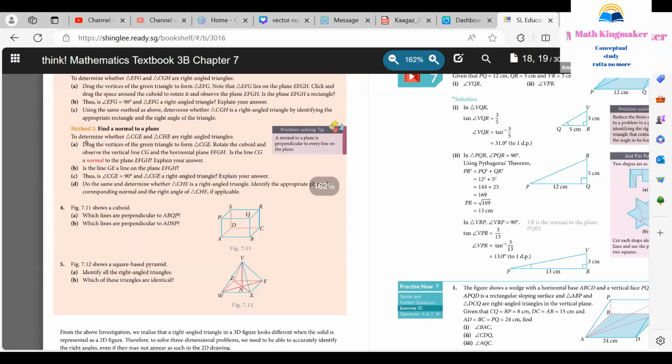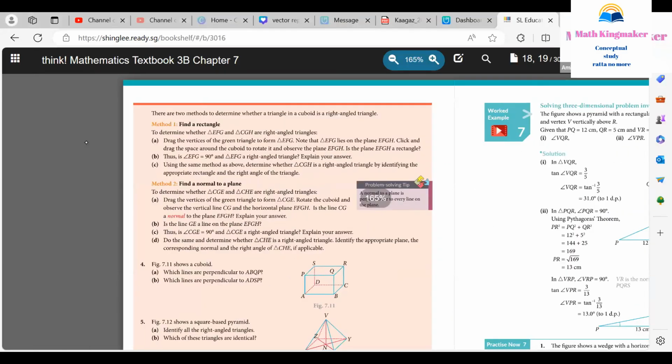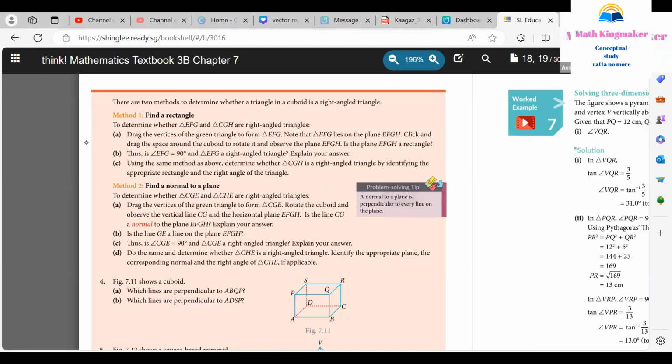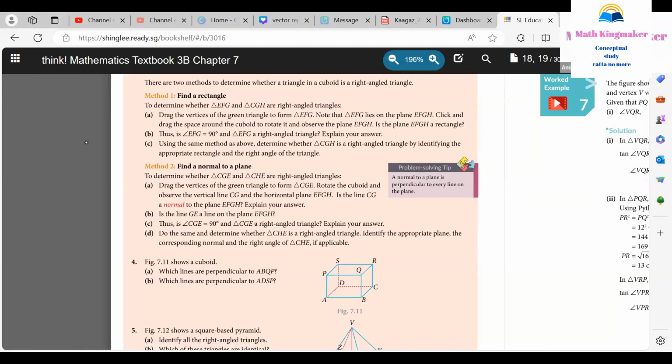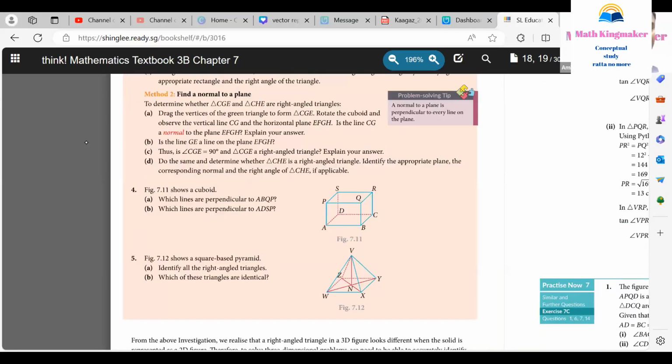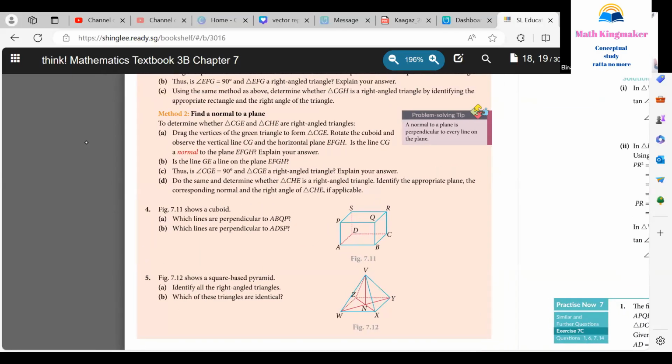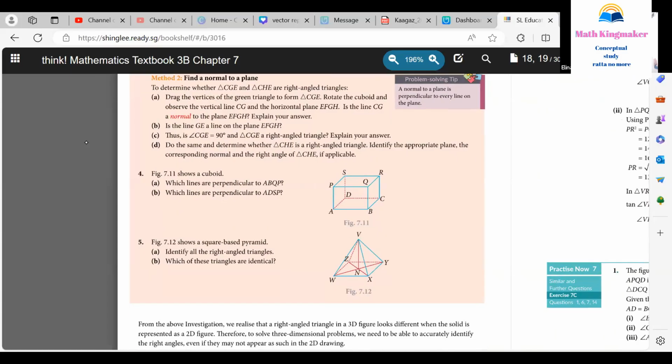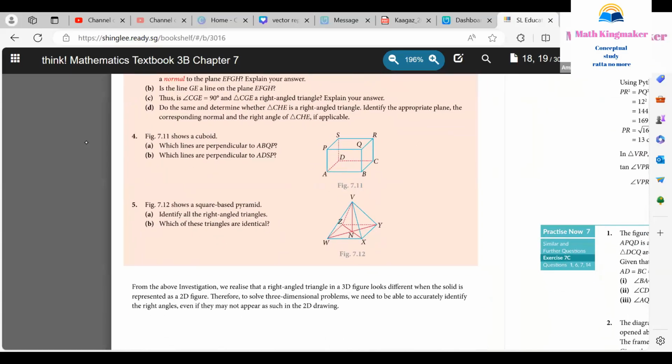So the next one. There are two methods they have given you, but I don't think the two methods are required. You need to visualize it. Figure 7.11 shows a cuboid. Which lines are perpendicular to ABQP?